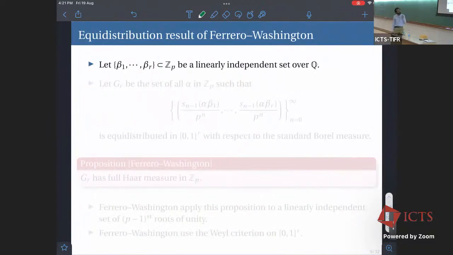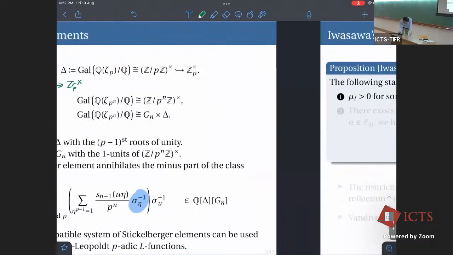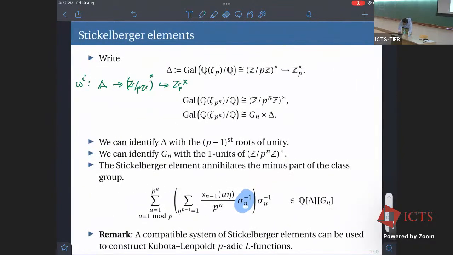Okay, so now I want to mention this equidistribution result of Ferrero-Washington. Just going back, you see that I have this element out here.